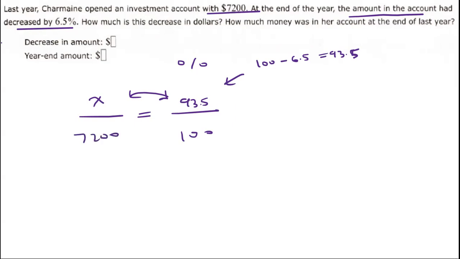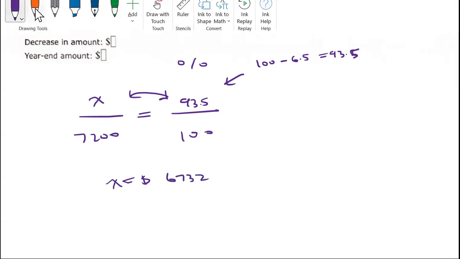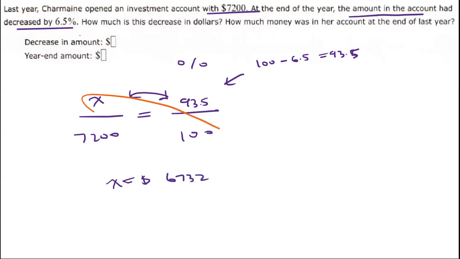We cross multiply and divide, so we will get X is equal to $6,732.